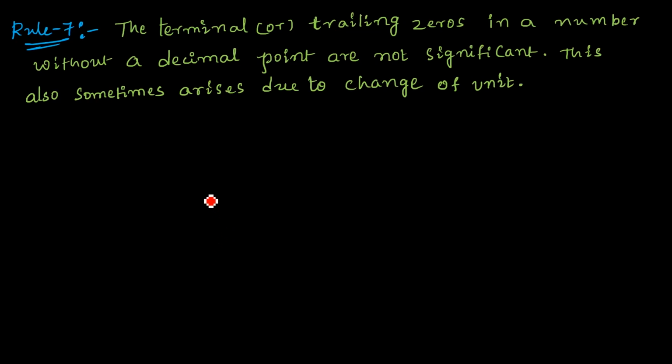Yes. Next, the terminal or trailing zeros in a number without a decimal point are not significant. That also sometimes arises due to a change in unit. So here, I'm considering 264 meter.